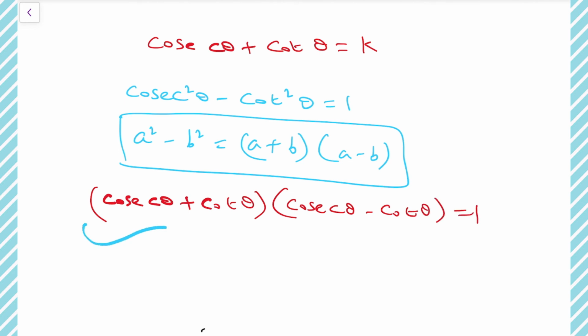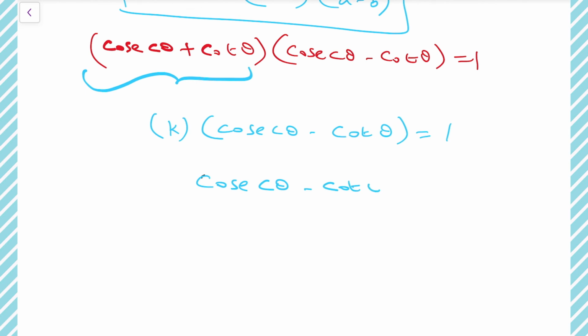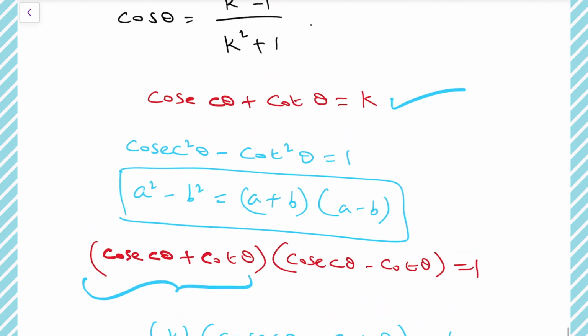Now this cosec theta plus cot theta is nothing but k, so I will replace it with k. k into (cosec theta minus cot theta) equals 1. Taking k to the right side, we remain with cosec theta minus cot theta equals 1 by k. Taking this as equation number 2, whatever they gave in the question, I am taking as equation number 1.